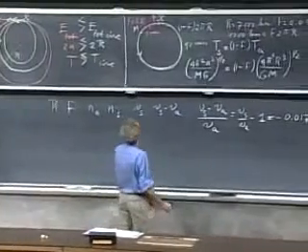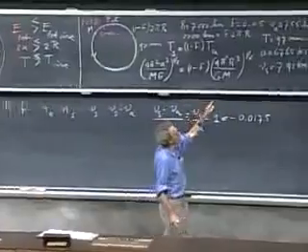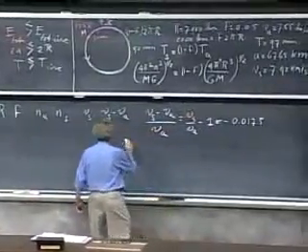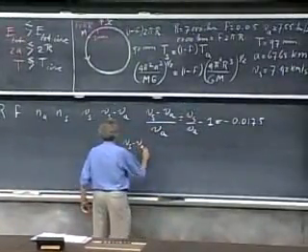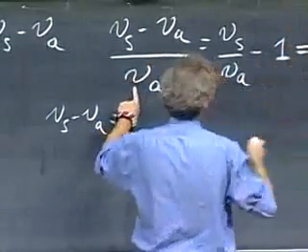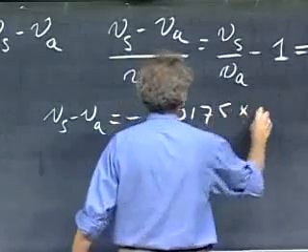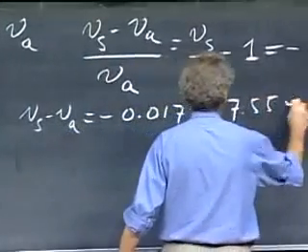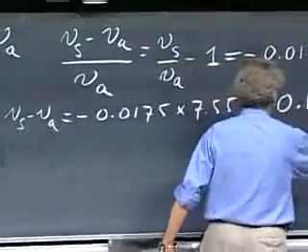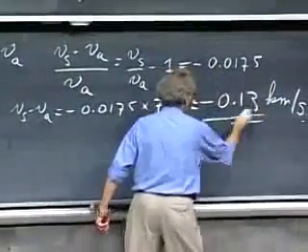If now we take our orbit with 7,000 kilometers, we know what Va is, and so we can calculate now that Vs minus Va is Va times that number, but we know what the Va is, 7.55. So you get minus 0.0175 times 7.55 kilometers per second, and lo and behold, that is our minus 0.13 kilometers per second.